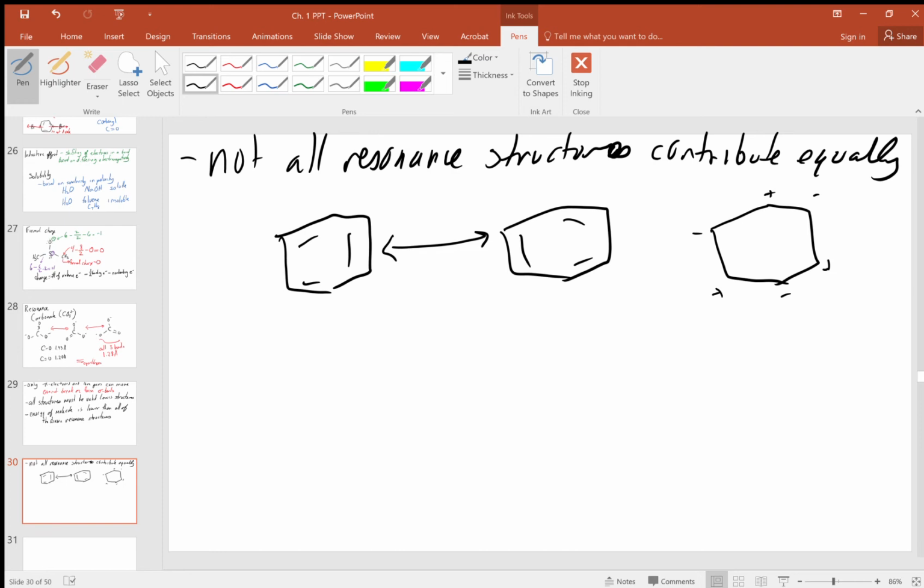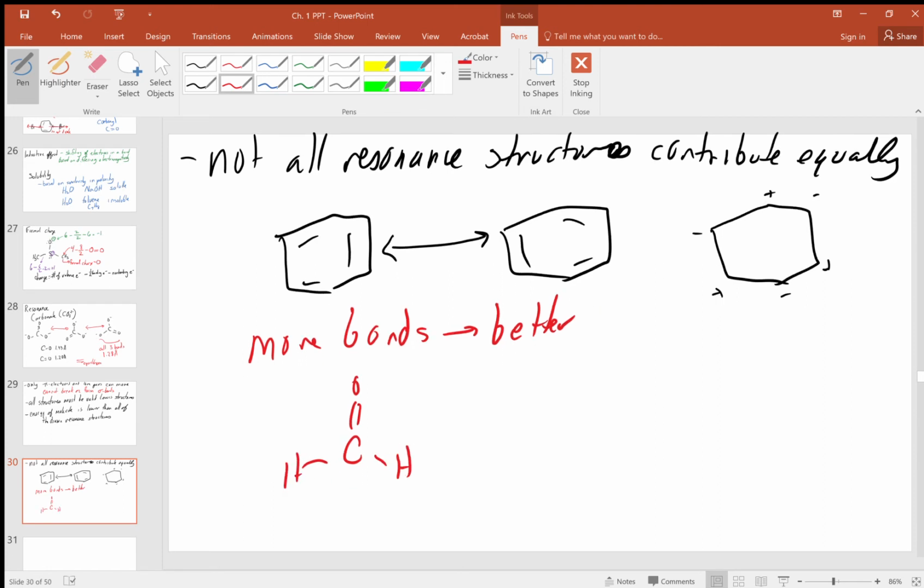So how do we evaluate what resonance structures are more important than others? So first of all, more bonds is better. So in this molecule, we can take the pi electrons and move them up onto the oxygen.